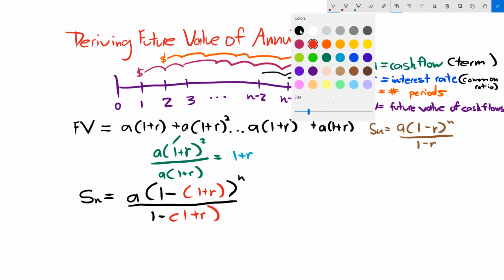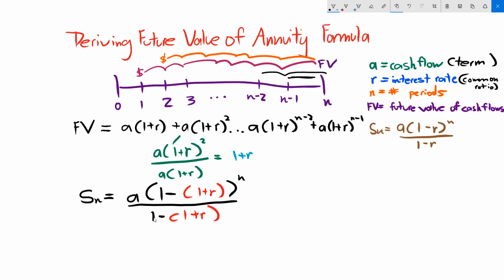So now we can simplify this a little bit. We can cross out some things here. We can see that the 1s are going to cancel out. So we get 1 minus (1 plus r) to the n, divided by, well, that's going to cancel out, so we're left with negative r.